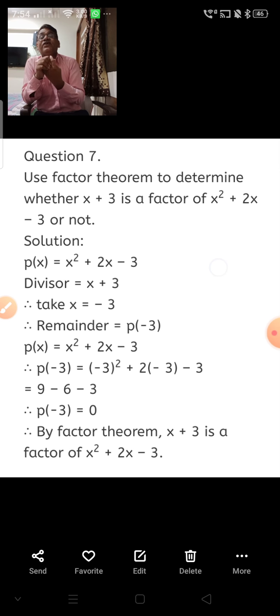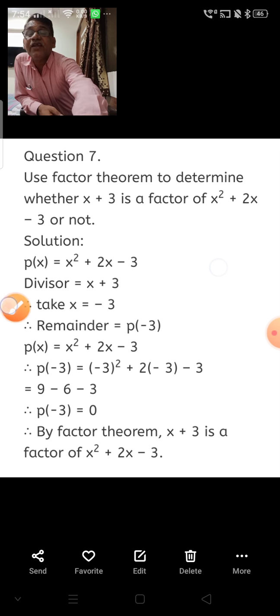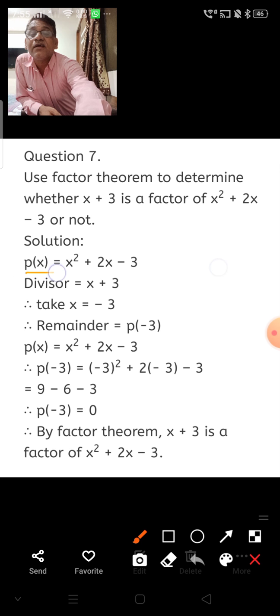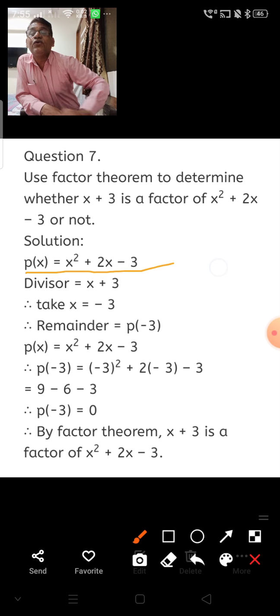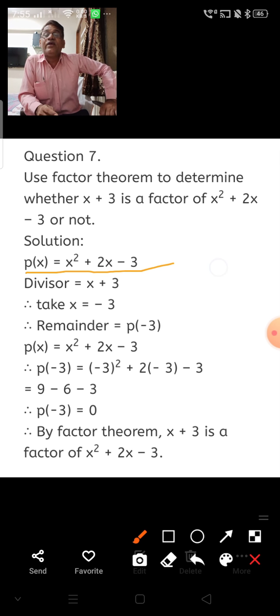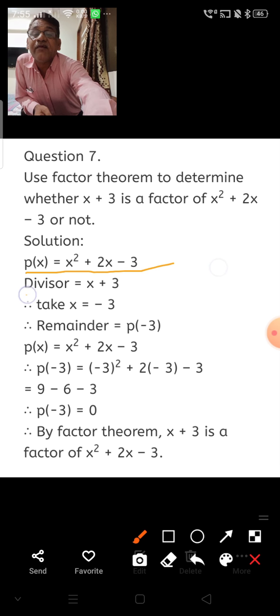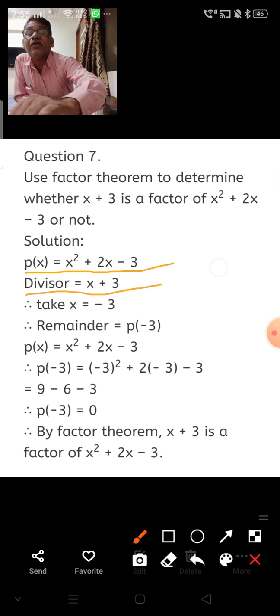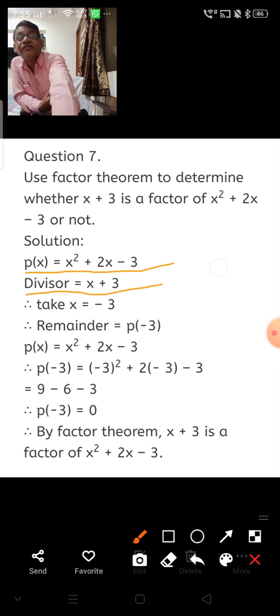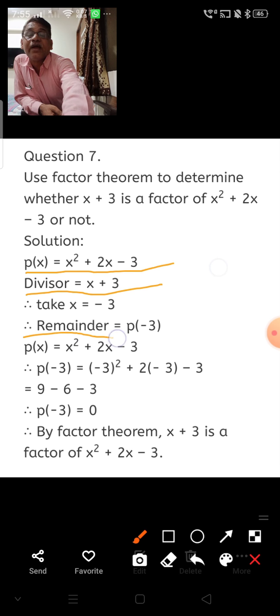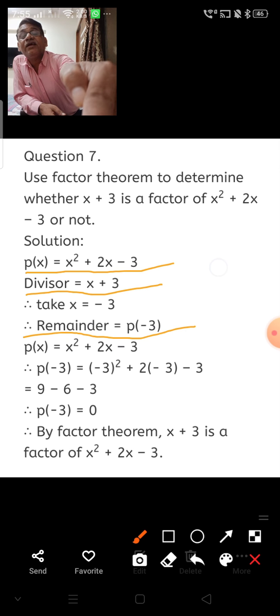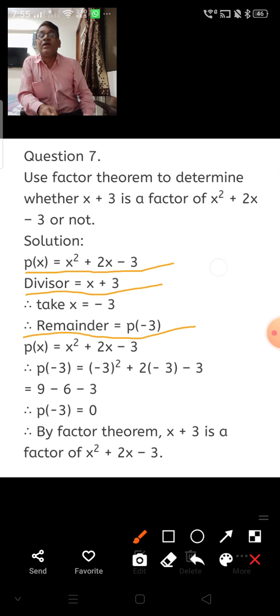Now the given polynomial is p of x equal to x square plus 2x minus 3. The divisor is x plus 3. To find the remainder, you have to take x is equal to minus 3, and by the remainder theorem, find p of minus 3. If p of minus 3 is 0, then x plus 3 is a factor of x square plus 2x minus 3.